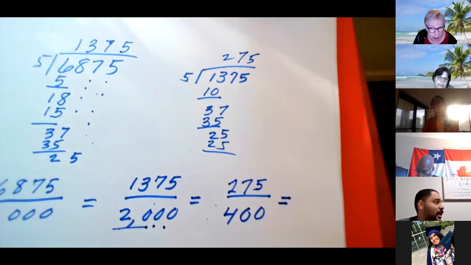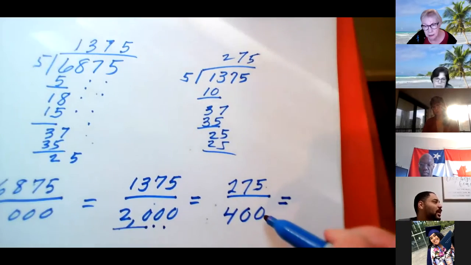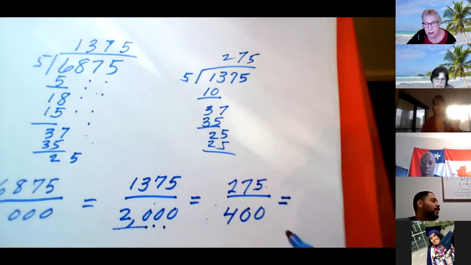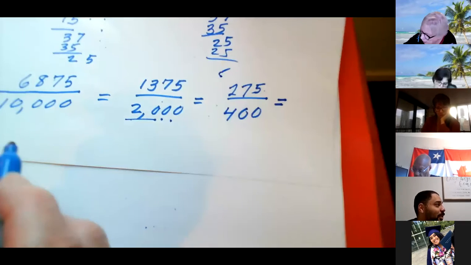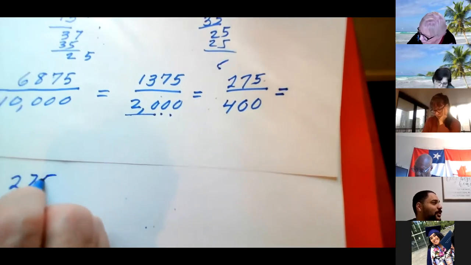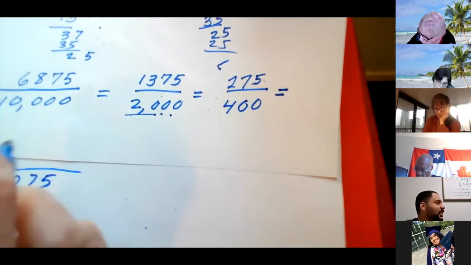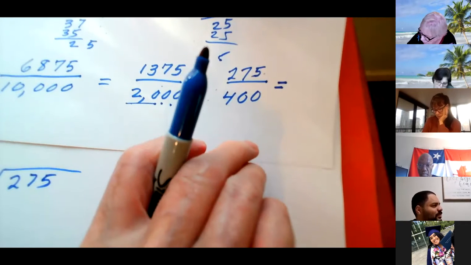Now it's getting much better, but it's not done, is it? Why? Because this still has a 5, this still has a 0. That means 5 will still divide it. So I'm going to divide 5 into that. 275 divided by 5. We're starting to get there. This is 25.